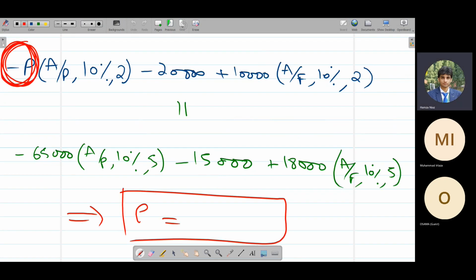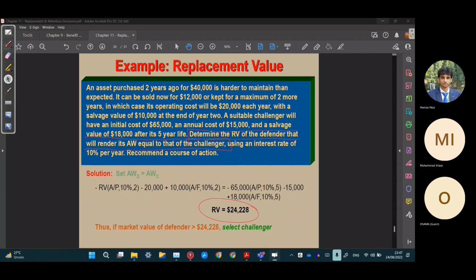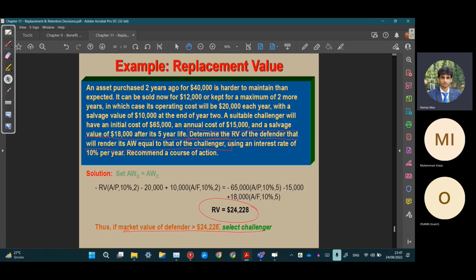After solving, the value of P is 24,228. So this 24,000 is the current market value of the defender that we are looking for. If the market value of the defender is greater than 24,000, then select the challenger.